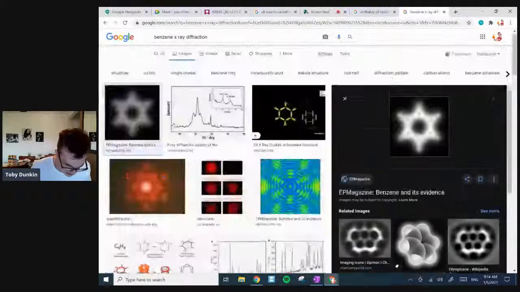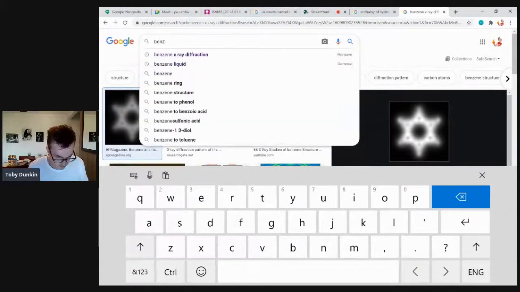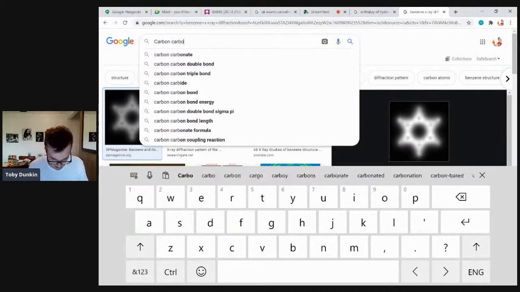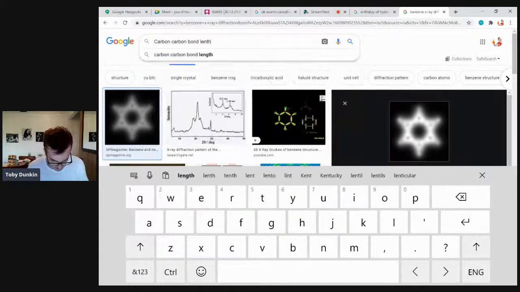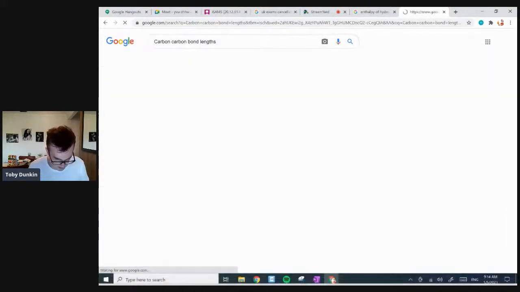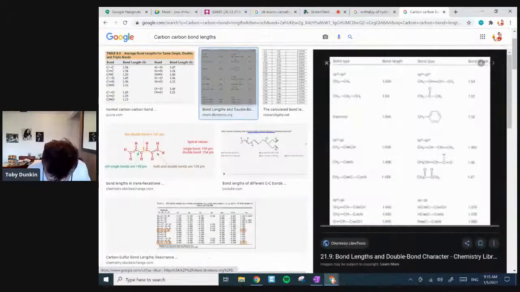The internet is a great resource, but let's say carbon bond lengths. I need these values. They're very important. Angstroms. Don't want them in angstroms, really. Prefer them in nanometers if I can. Let's try that one.